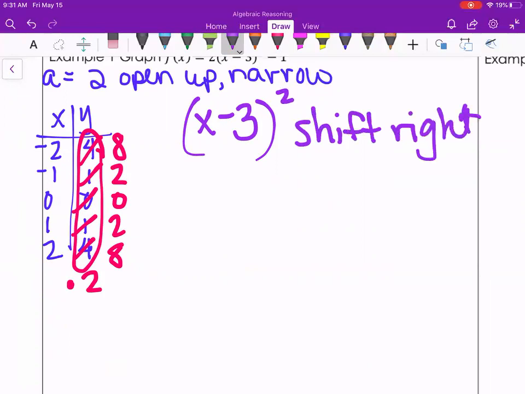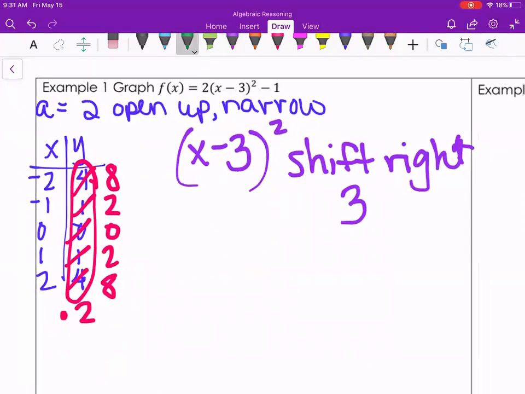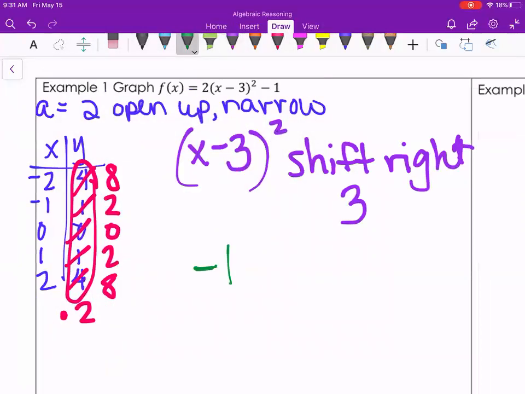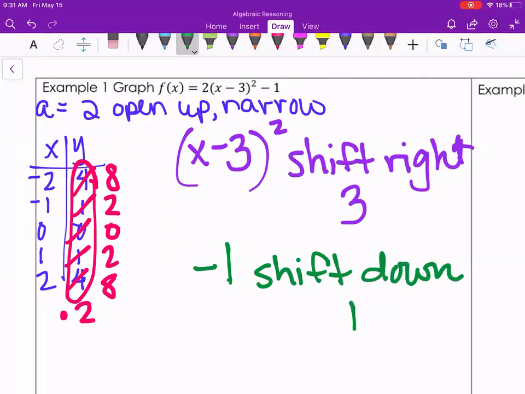And in this case, since we have a -3, we're going to shift right 3. Outside of those parentheses, we had a -1. So the -1 is telling us about our k value. And a -1, outsiders are honest, so this time we are going to shift down. And it's a down 1 unit.